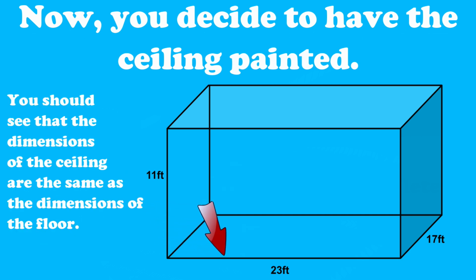Well, we need to realize that the dimensions of the ceiling are exactly the same as the dimensions of the floor. 23 feet by 17 feet. So if the dimensions of the floor are 23 feet by 17 feet, the dimensions of the ceiling are 17 feet by 23 feet.